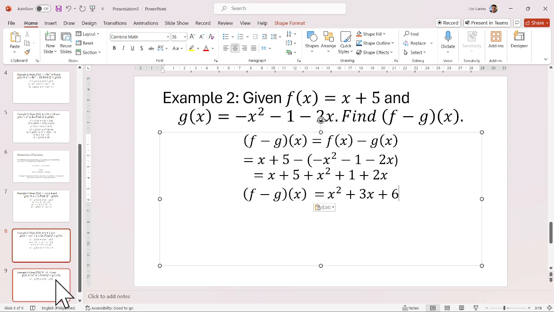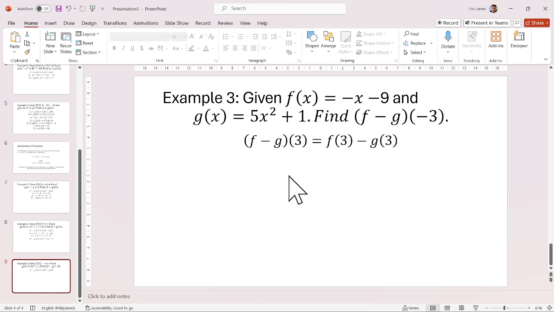Let us have the last example for subtraction of functions. Given f of x equals negative x minus 9 and g of x equals 5x squared plus 1, find f minus g of negative 3. Again, we have a specified value of our variable x, which is negative 3.